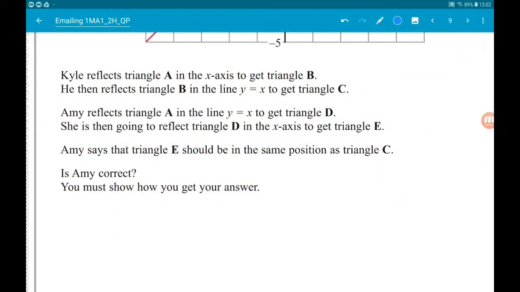Okay, number 9, we have some transformation fun.